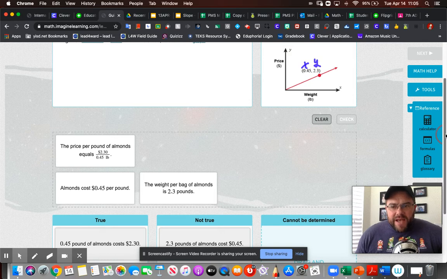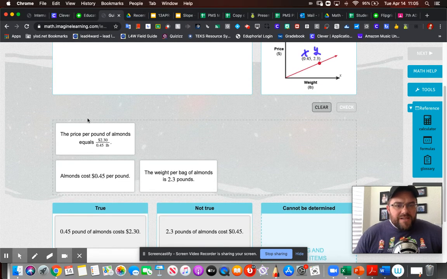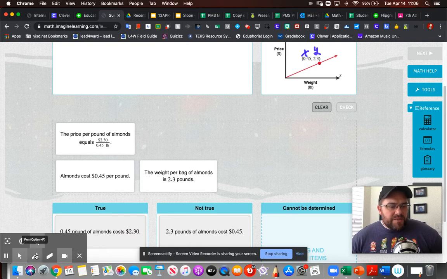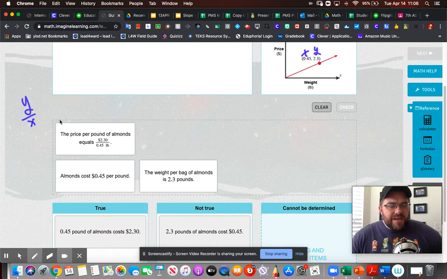Let's now look at the other ones here. The price per pound of almonds equals $2.30 divided by 0.45. Now, if you recall from proportional relationships last week, we said that if we take the values that we're given, the x and y values, and we put them so that it looks like y over x, and this is for proportional relationships, it is going to give us our unit rate, in this case, our cost per pound.